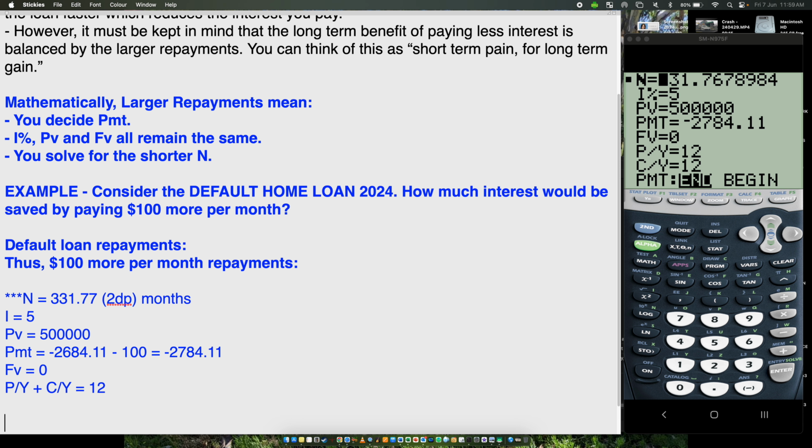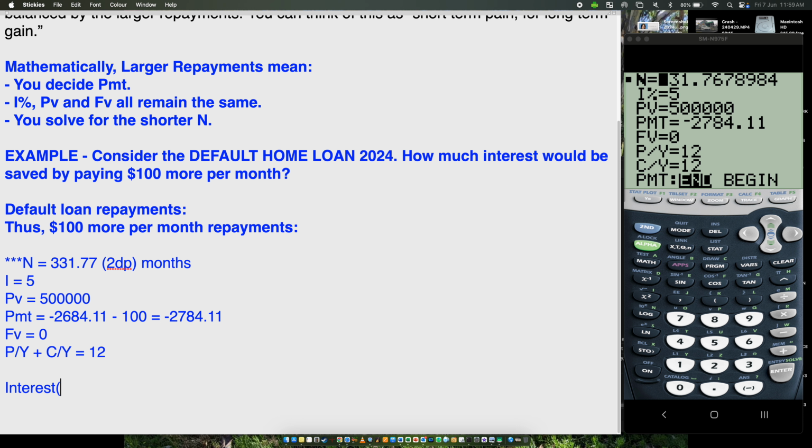Then I need to find the interest. So interest on the loan. Loan interest calculation is PMT, so 2784.11 times by 331.77 payments, take away PV of 500,000 minus nothing.